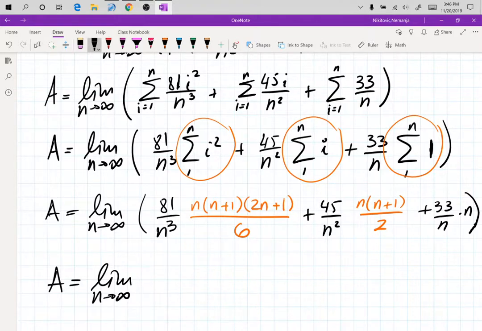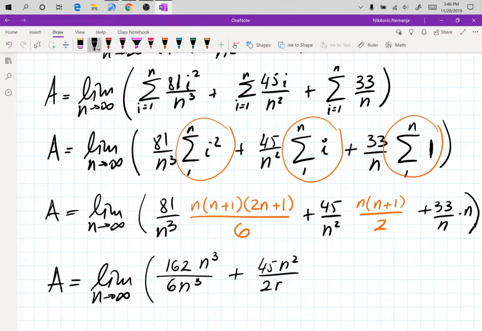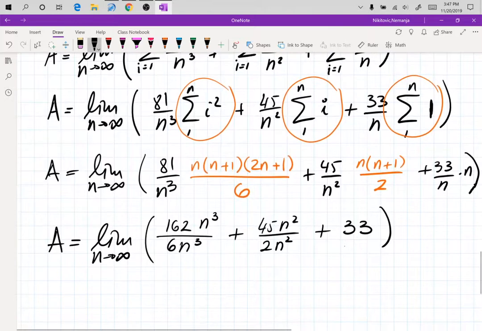So I have 81 times 2, which would be 162, n cubed divided by 6n cubed, and the rest you can throw in the garbage, plus 45n squared divided by 2n squared, and the rest can go to garbage, and plus 33 at the end when those n's cancel.